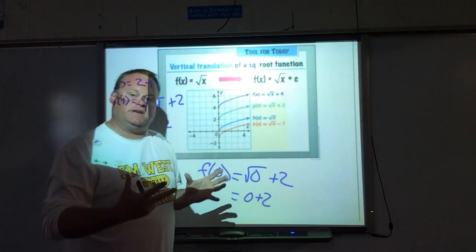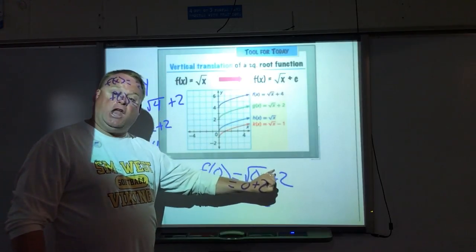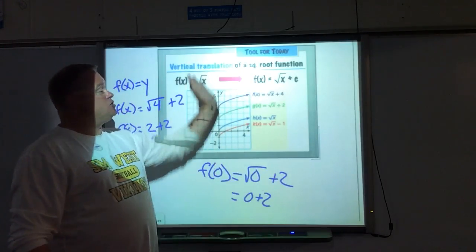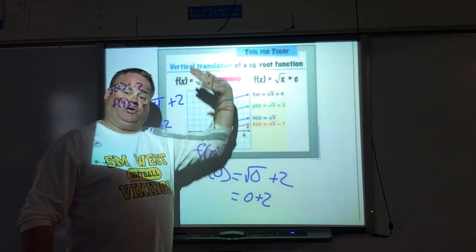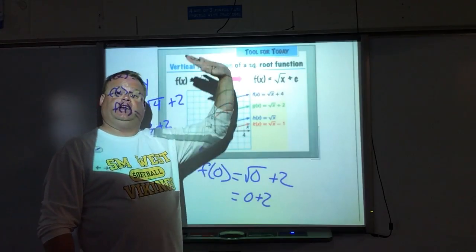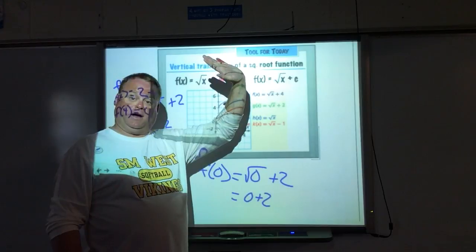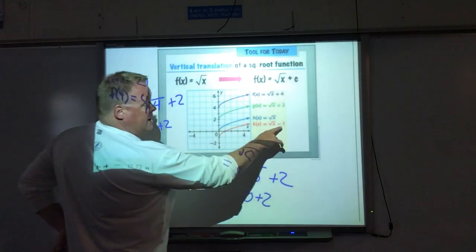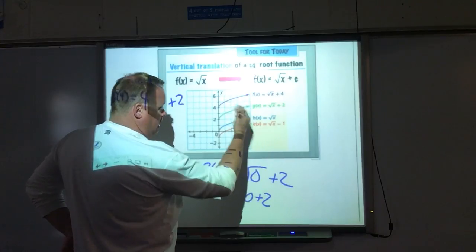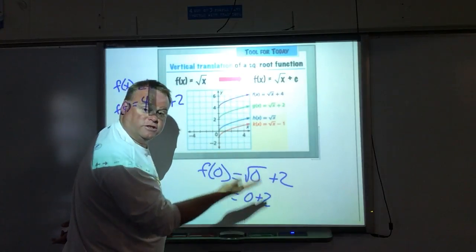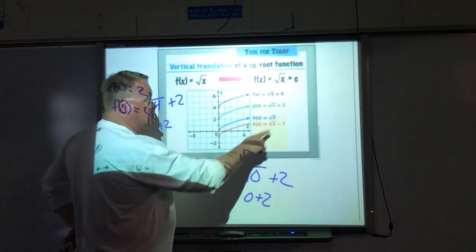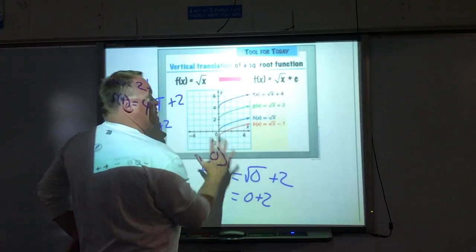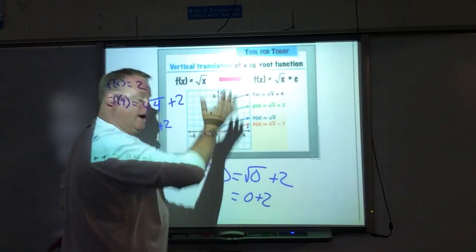That should make sense because I have an add-on of 2. That is what vertical translation is doing. It's shifting it up, translating it up 2 spots. If I was going down by 1, I'm going to slide down, so I'm translating down. So whatever's outside shifts the graph up and down.